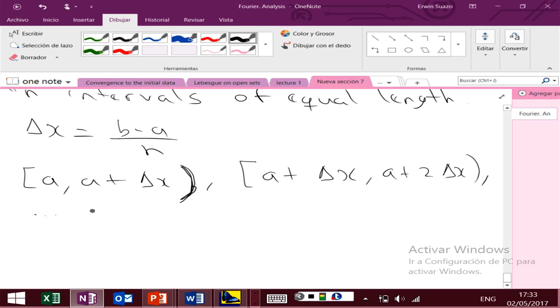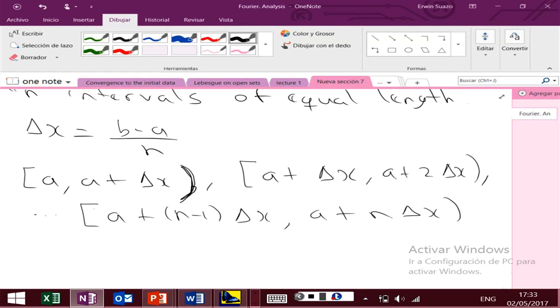The last one is from a plus (n minus 1) delta x to a plus n delta x. So you see I didn't include b at the end.